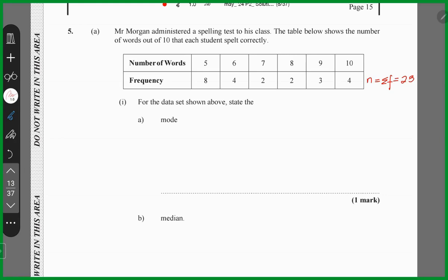For the data set above, state the mode. Well, the mode would be the value with the highest frequency.